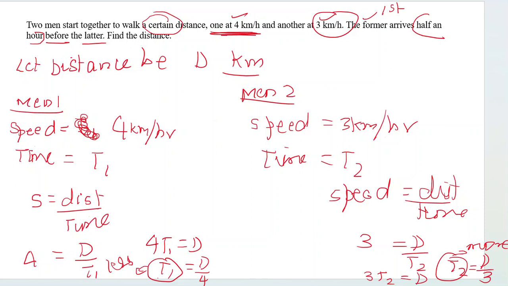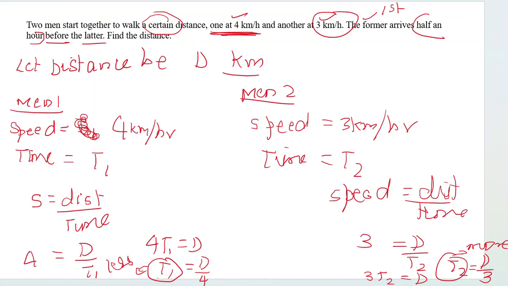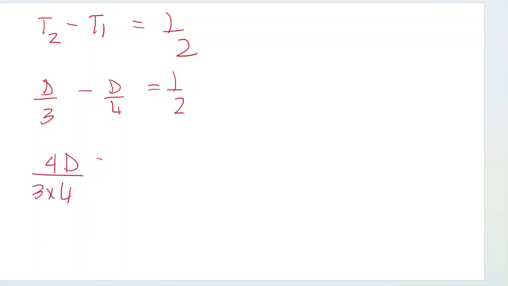So therefore, I get T2, which is nothing but d by 3, minus T1, which is d by 4, equal to half. Now I make the base same. So I get 4d over 3 into 4 minus 3d over 4 into 3, equal to half.